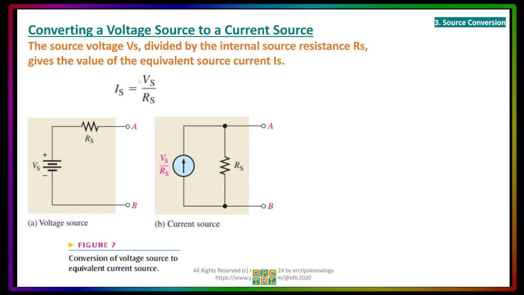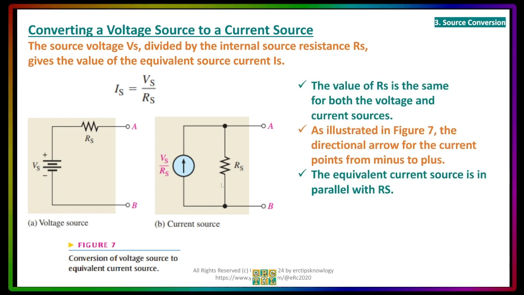Now, if you want to convert a voltage source to a current source, the Vs will just be divided by the Rs. Again, we just divide the Vs by the Rs, and we will already know how much the Is is. You will know the Is, and then you will just draw the practical current source here with the parallel resistance. Let's try it with an example later on.